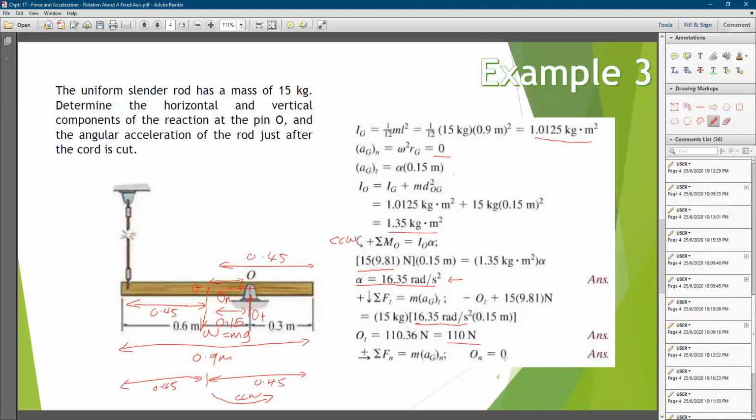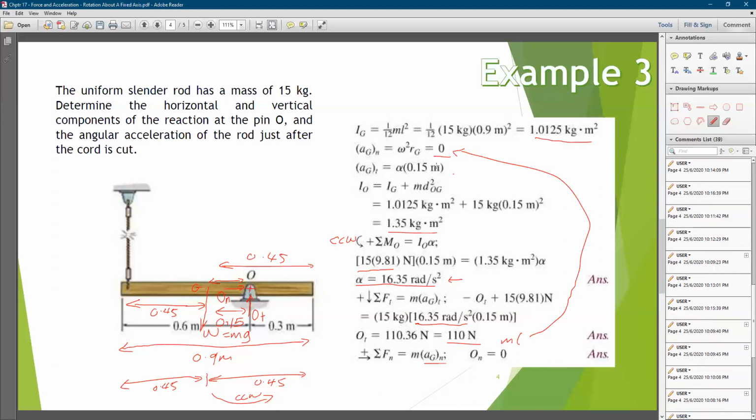That is equal to m times the normal acceleration of this rod, which we already obtained here.